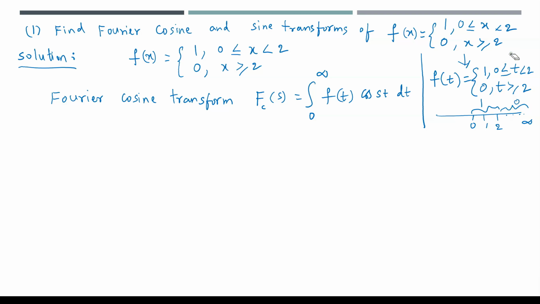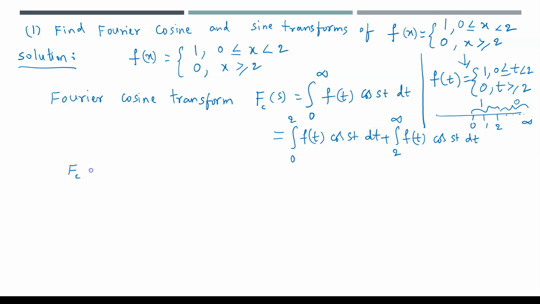So we can write this integral as integral 0 to 2 f(t) cos st dt plus integral 2 to infinity f(t) cos st dt. Now in the first interval the value of this function is 1.